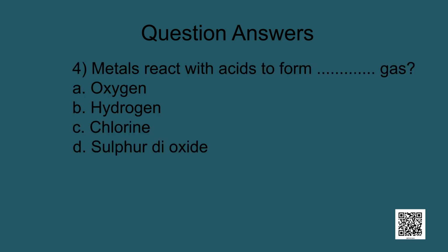Last question, question number 4. Metals react with acids to form which gas? Options are oxygen, hydrogen, chlorine and sulfur dioxide. Yes, the correct answer is hydrogen, because metals react with acids and form hydrogen gas.